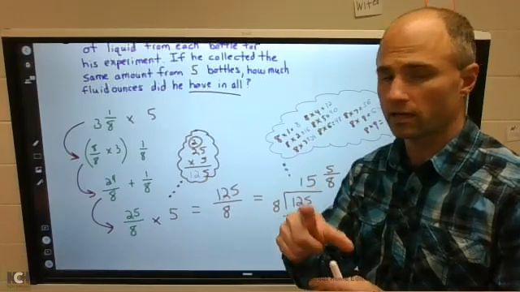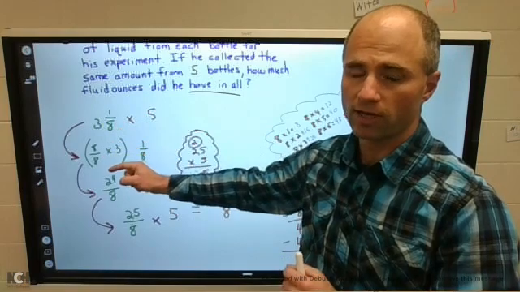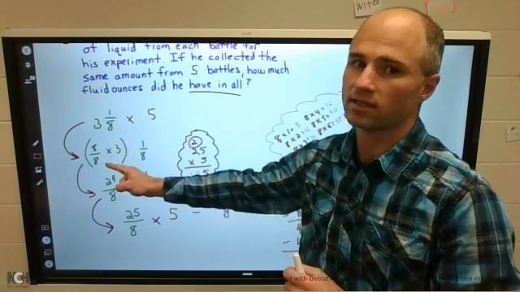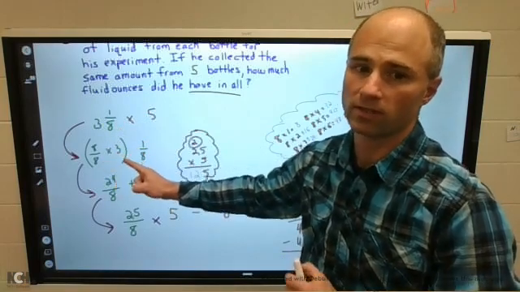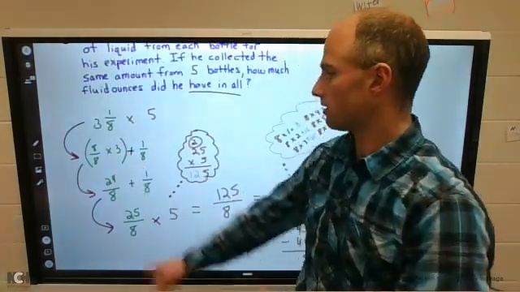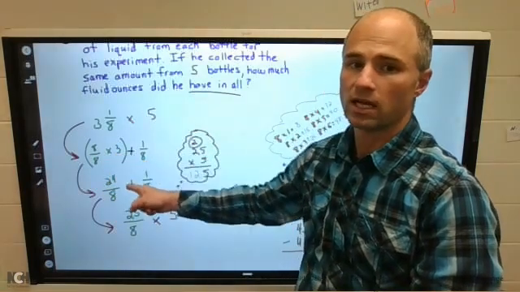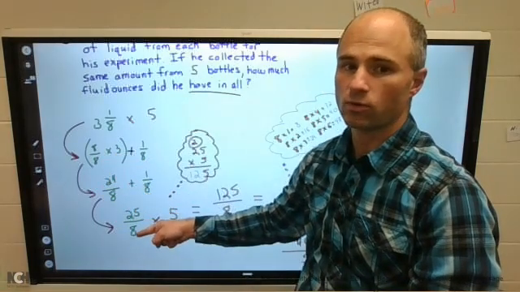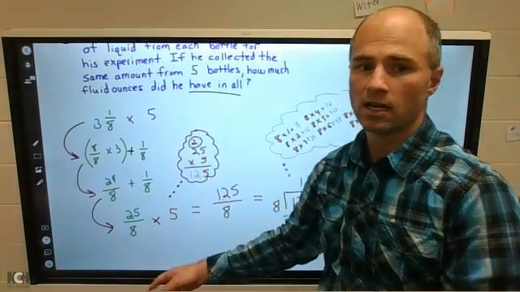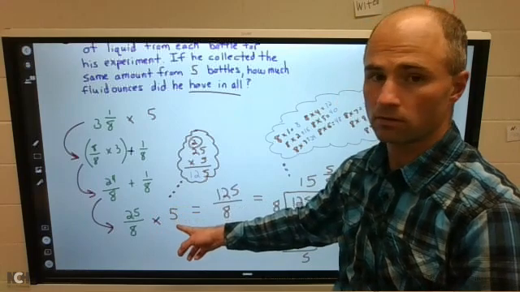All right, we're back. 3 and 1/8 is going to turn into an improper fraction by taking, you guessed it, 8/8 times 3. Then I'm going to add 1/8 to that. I get 24/8, and when I add my 1/8, I get 25/8. Now I'm doing 25 times 5.